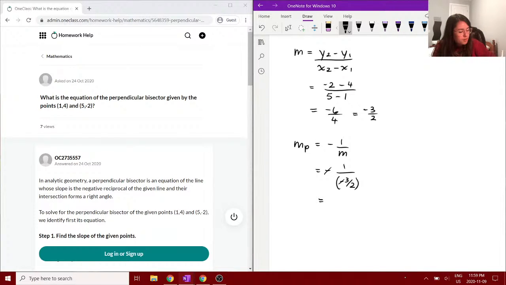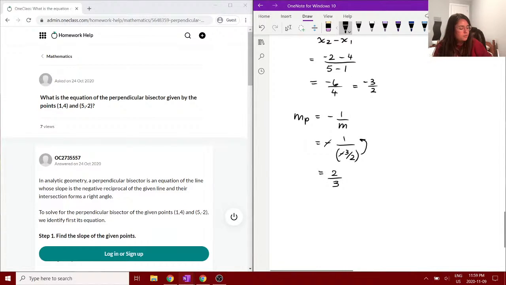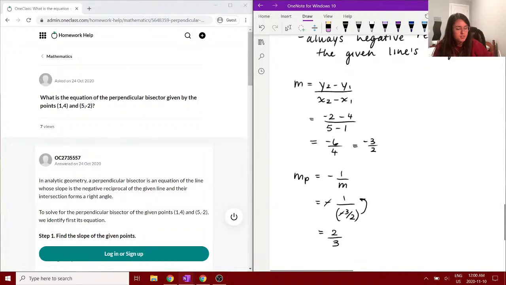And then we are flipping the 2 up to the top, to the numerator, and that is the reciprocal, right? You can also think of it as 1 divided by 3 over 2, and if you're dividing, you multiply by the reciprocal. So that gives you the same answer. All right. So now we have the slope of the perpendicular bisector.